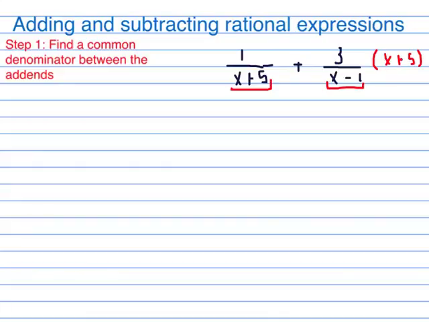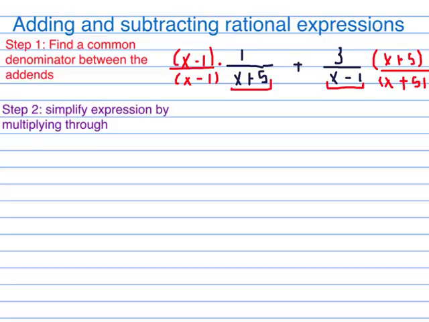If I were to balance these out, the right side here needs an x plus 5. So I'm going to add an x plus 5 over x plus 5 on the right side. And then to balance the left side out, I need an x minus 1. There we go. So then, after you have that common denominator, you need to multiply that through.